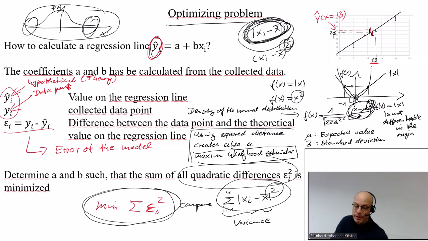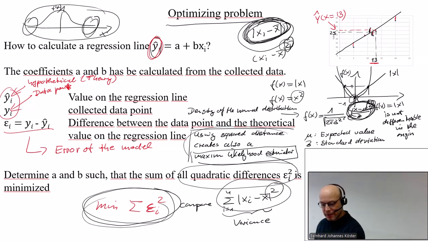And since we find the squared distance in the description of the normal distribution, this is also a reasonable choice to use the minimum of the squared distances.